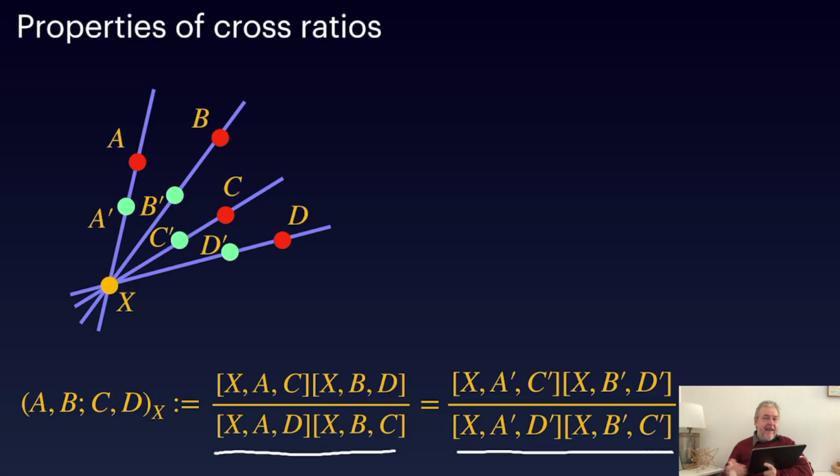This is a nice and handy formula, and it helps us to use cross ratios as a kind of coordinate system for projective configurations, a coordinate system which has the property that it remains stable under projective transformations.